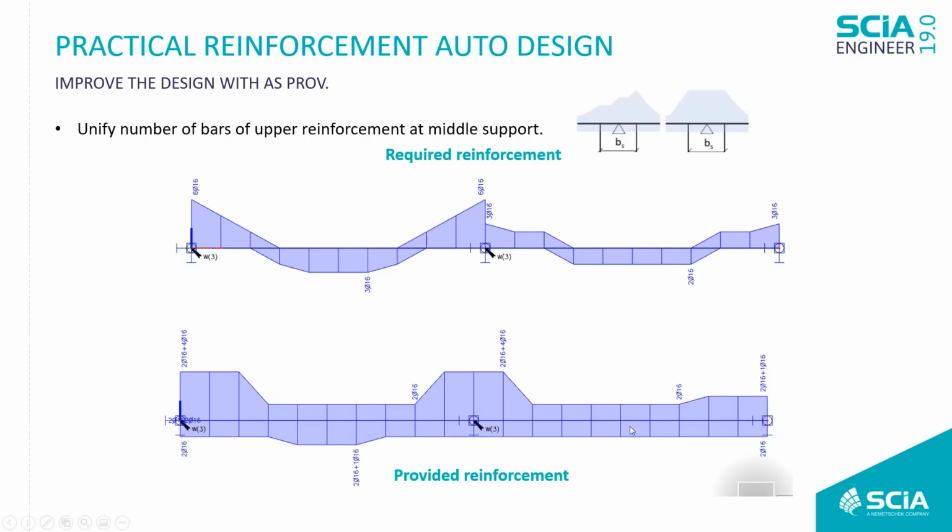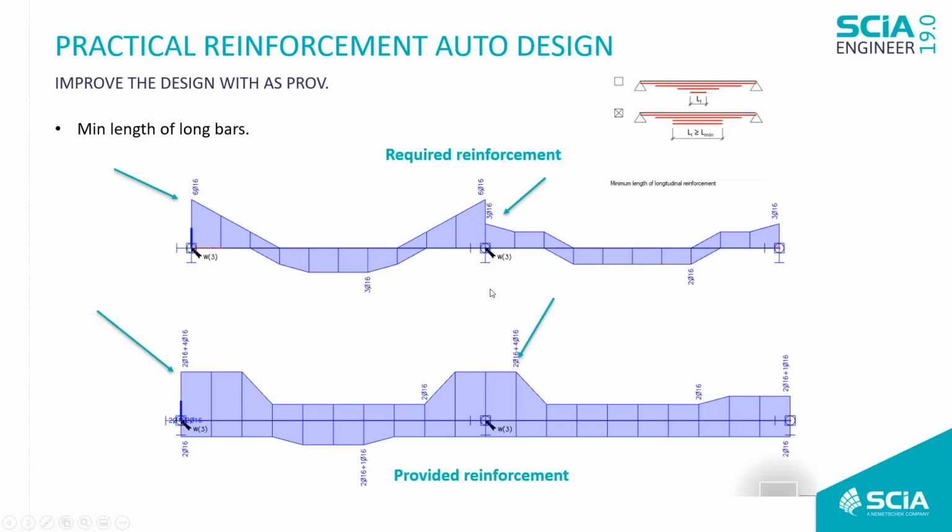Then you need to make a continuous beam. So you have to merge the beams together, or you can model the beam as one from here to here. Okay, so this is the advantage also in the new version.